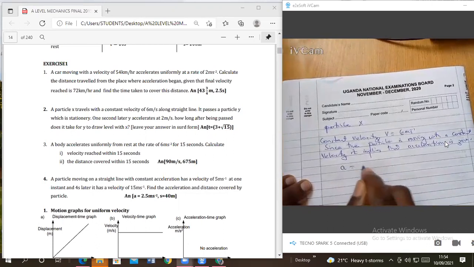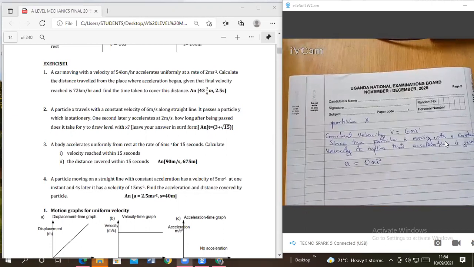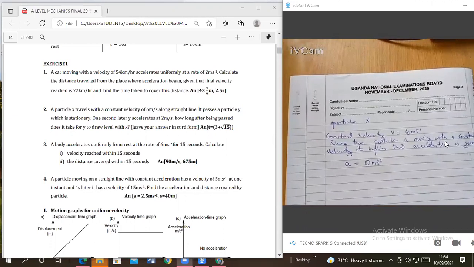So our acceleration will be 0 meters per second squared. That's for particle X, because velocity is constant. It's moving along a straight line. Remember, all the motion we are going to deal with, because we are looking at linear motion, must be in a straight line.